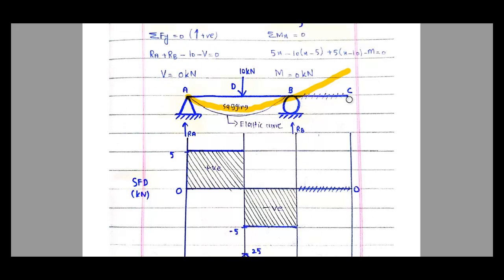Although in this part of the beam the bending moment is 0, the beam is still there, so it will deform. In this part the beam is sagging and it will pass through the support. Another important thing about the elastic curve is that there should be no sharp bend in the elastic curve unless there is an internal hinge present in the member.